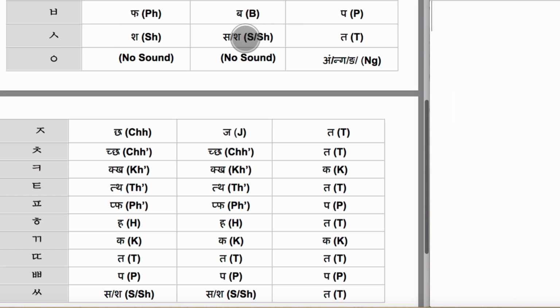Okay, the next letter is shiot. Shiot will be, sometimes it is sa, sometimes it is sha, depends on the word, so there is no fixed rule about that. But when it comes in the Pachim position, it will always be ta.